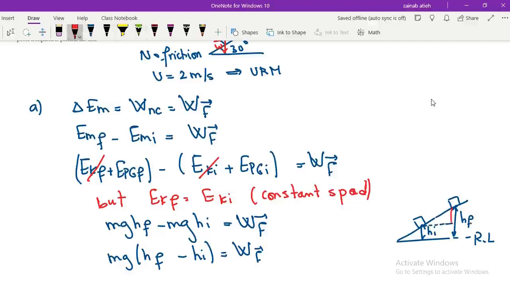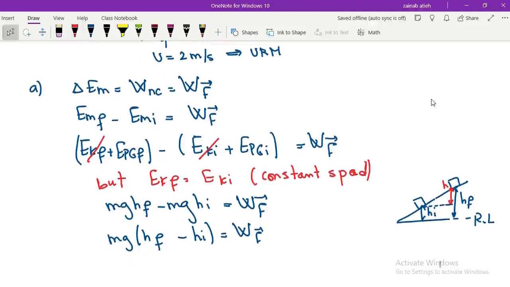I will call this h, so it's mgh equals the work of F. There's a relation between h and alpha, the angle of the incline. Here the angle is 30, and here the angle is also 30.